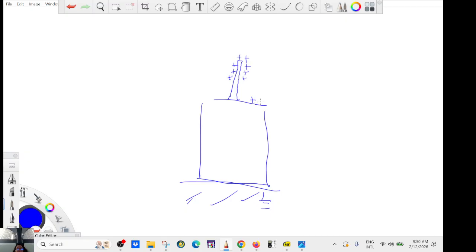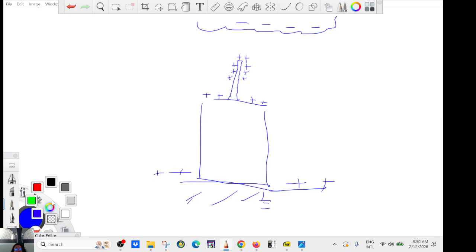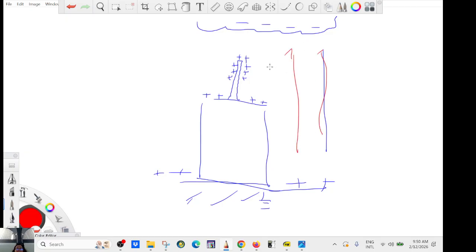Maybe you're going to have some charge here as well, because here you have a cloud with minus, minus, minus, minus. So you have a strong electric field. And you also have plus here. So you're going to have an electric field between the cloud and here. That will be the electric field here, from plus to minus.